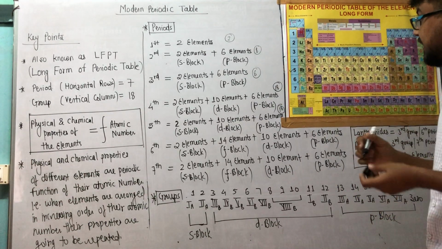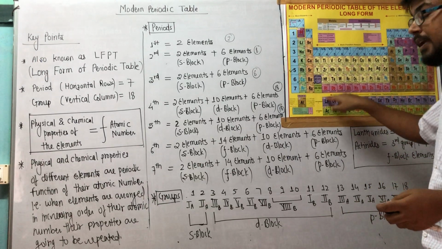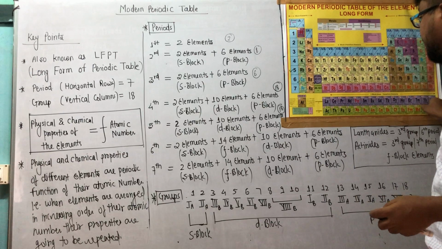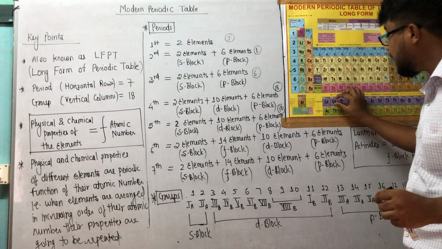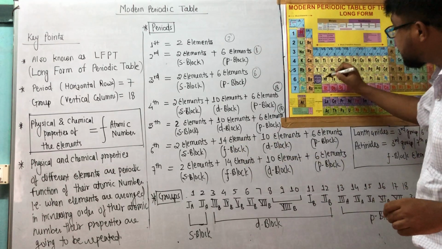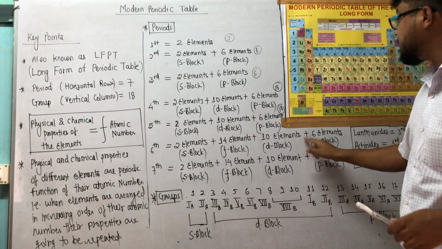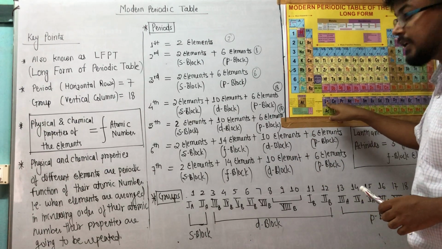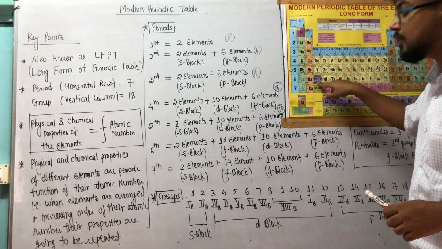In the complete lanthanide series, from cerium to lutetium you will find a total of 14 elements, correct? So 14 elements from the F block. Next, 10 elements from the D block including lanthanum. Here the total is 10, and this lanthanum is considered a D block element.